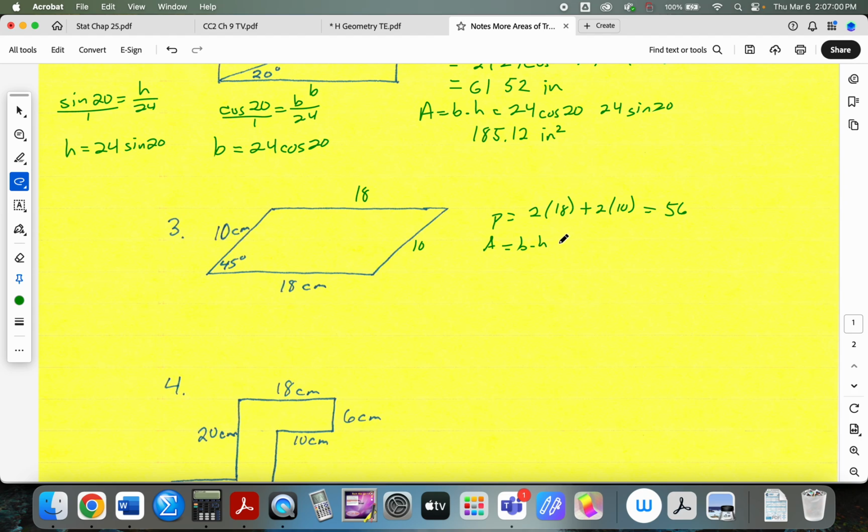We have the base, but we don't have the height. If I use 18 as the base, I need to figure out what the height is. So we have a 45, 45, 90 triangle. So the legs are both short, and the hypotenuse is s times the square root of 2.